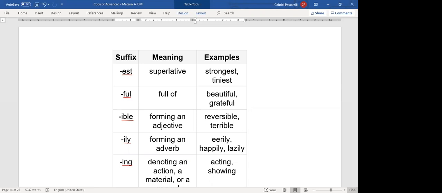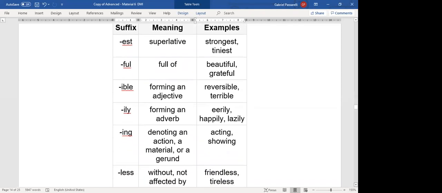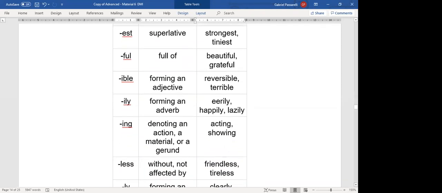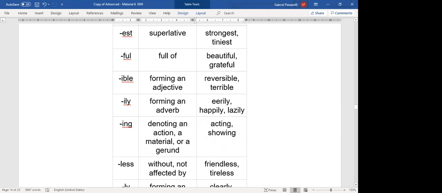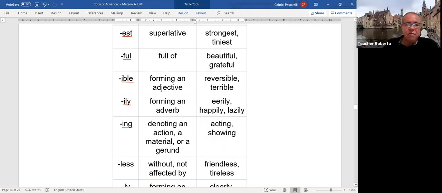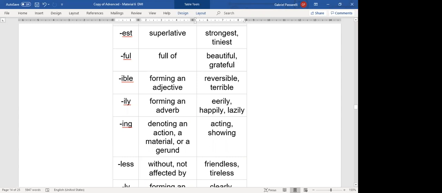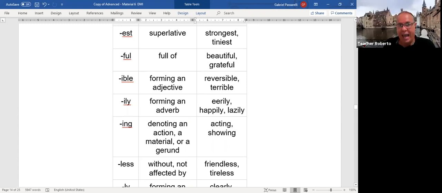The noun, an action, and a material or a gerund. Yes, acting, showing, okay? Sometimes it's just a verb in the gerund, but sometimes, acting, I didn't like her acting. That means the action of act, okay?